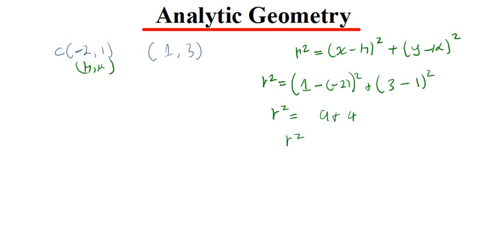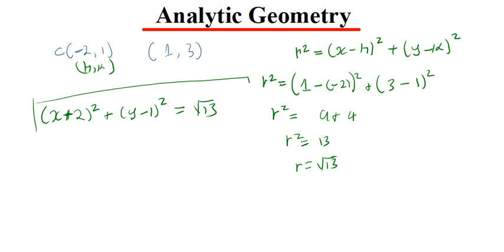So r squared is equal to 13, meaning r is equal to the square root of 13. So it turns out that the equation of the circle is x plus 2 squared plus y minus 1 squared equals the square root of 13. This is the equation of the circle.